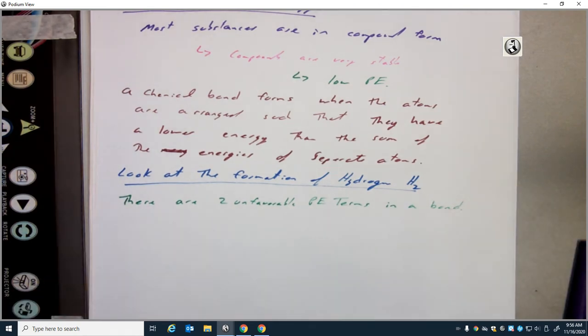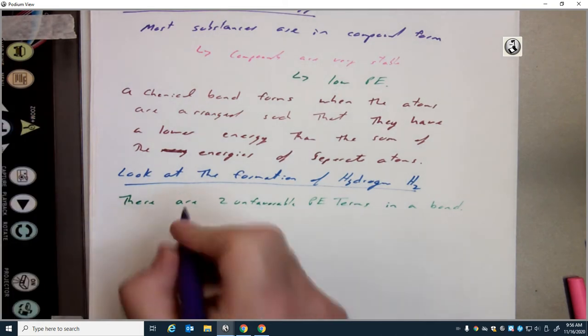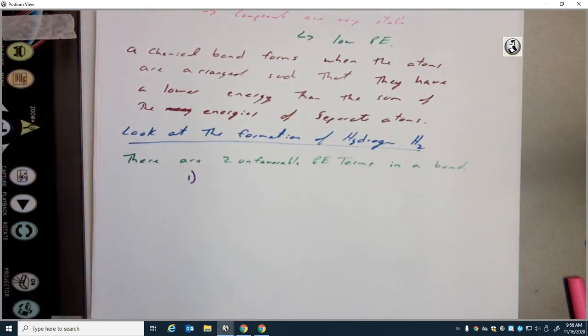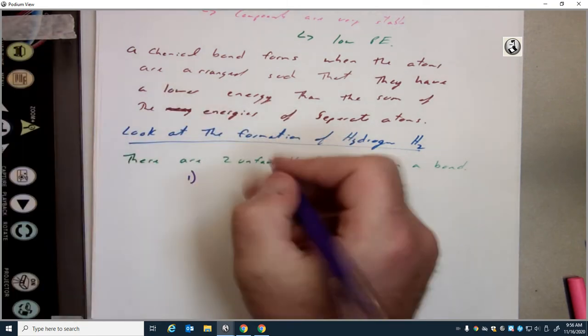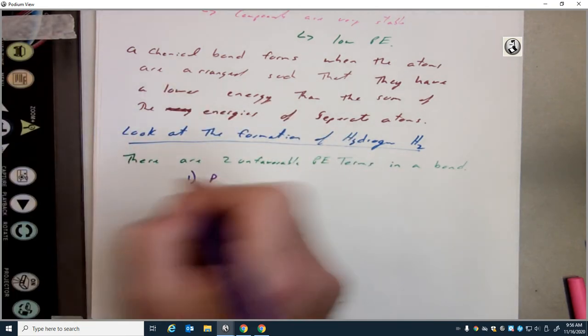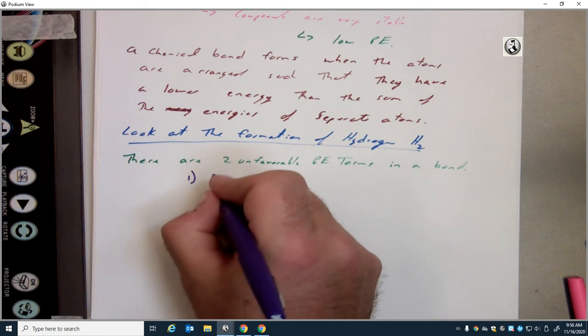One of the unfavorable terms is the proton-proton repulsion, not in the nucleus, but between the two atoms.